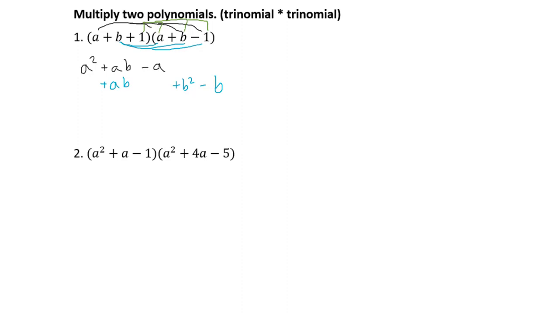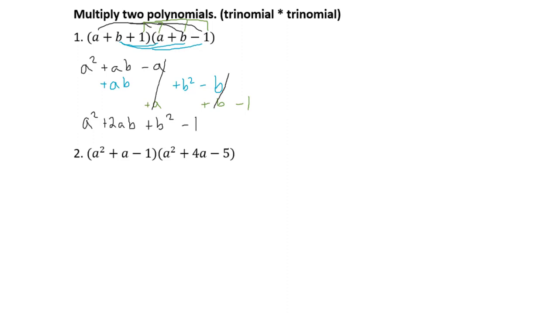So a positive plus the b, and 1 times negative 1 is negative 1. And now we can see I have a squared plus 2ab. My a's canceled, plus b squared. My negative b and b cancel, minus 1.